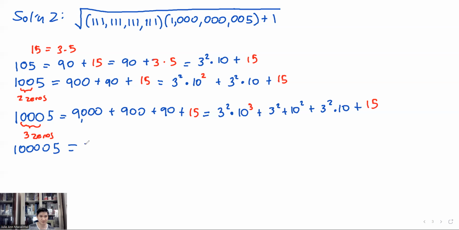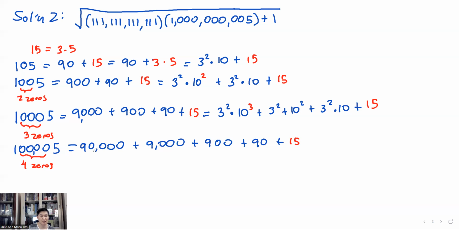This will be 90,000 plus 9,000 plus 900 plus 90 plus 15. So we have 4 zeros here.